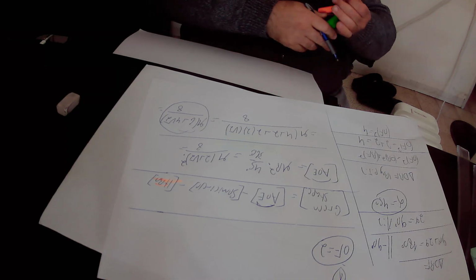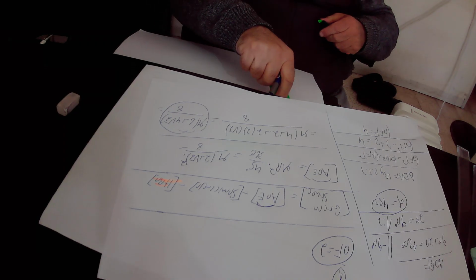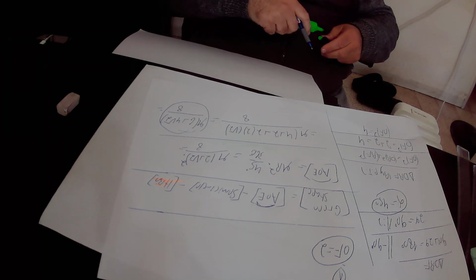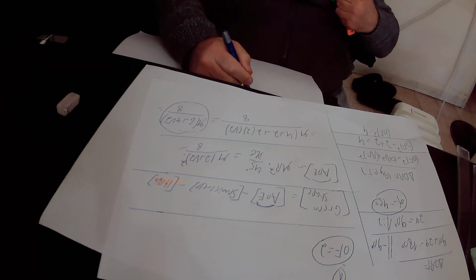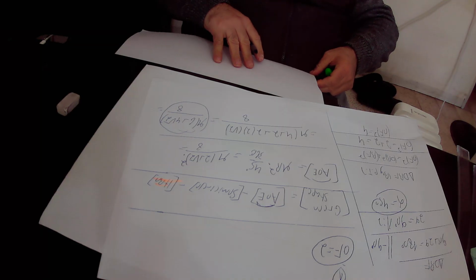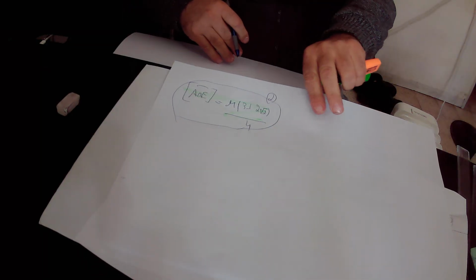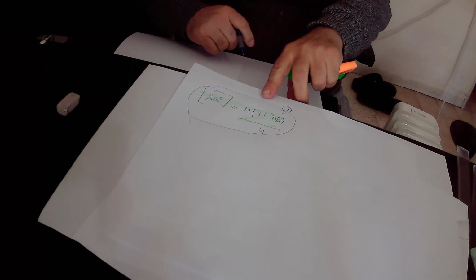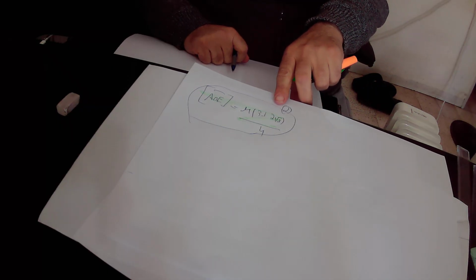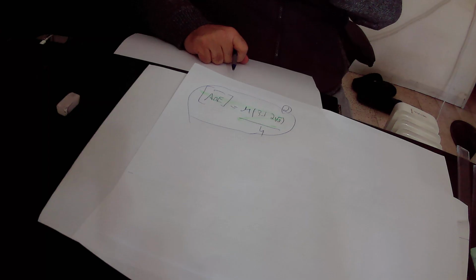So in conclusion, the area of the big sector AOE equals pi times 3 plus 2 times square root of 2 over 4 square units.